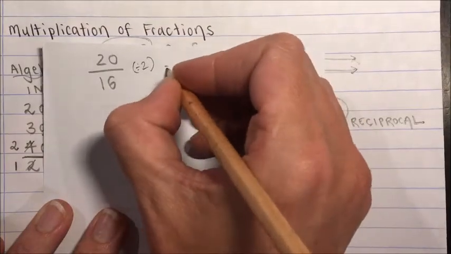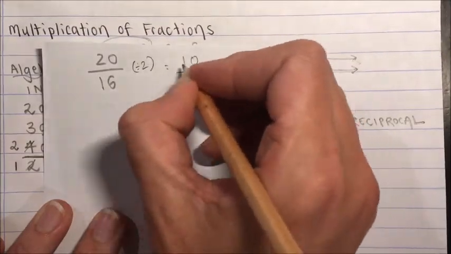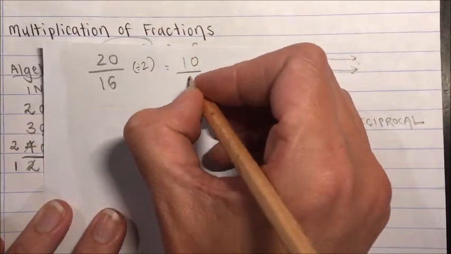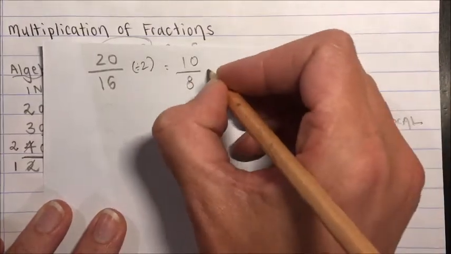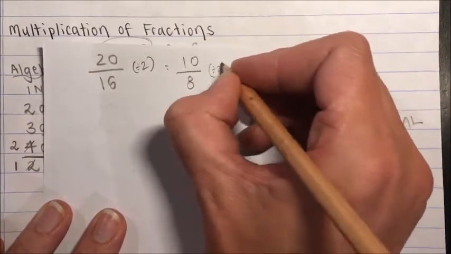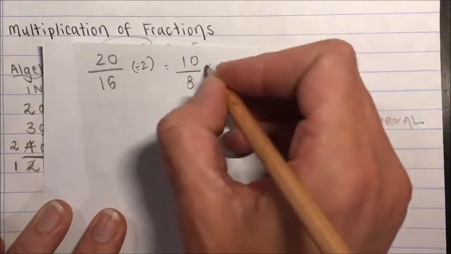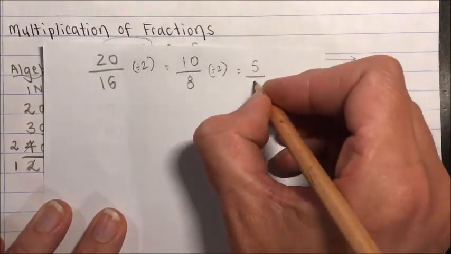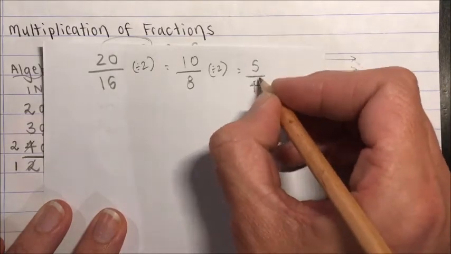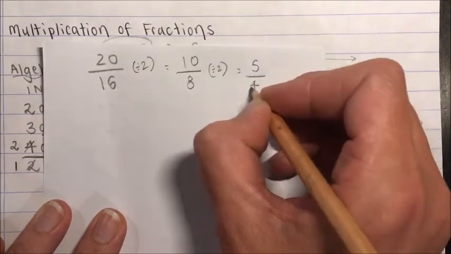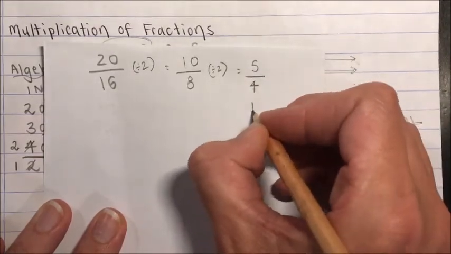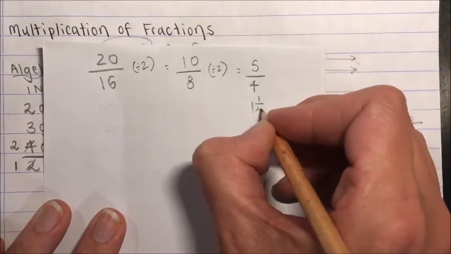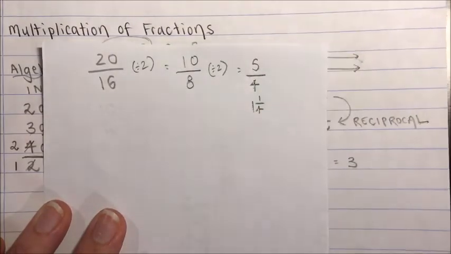2 goes into 20 10 times. Oh, and 2 goes into 16 8 times. Oh, look, we could do it again. Both of these are divisible by 2. So 2 goes into 10 5 times, and 2 goes into 8 4 times. 5 divided by 4, we know that 4 goes into 5 1 time with 1 little fourth left over.